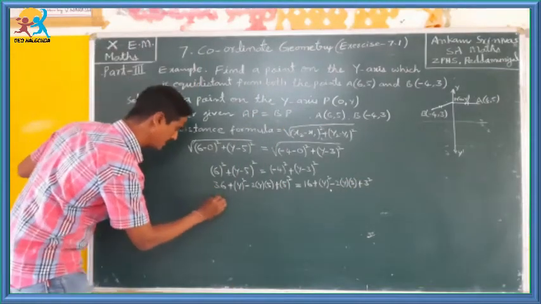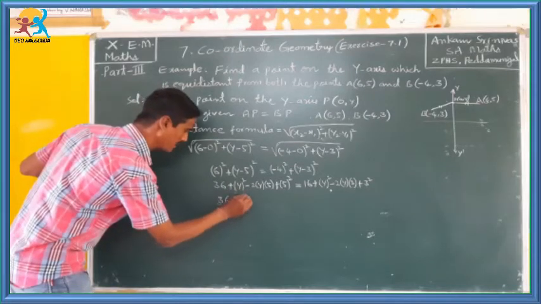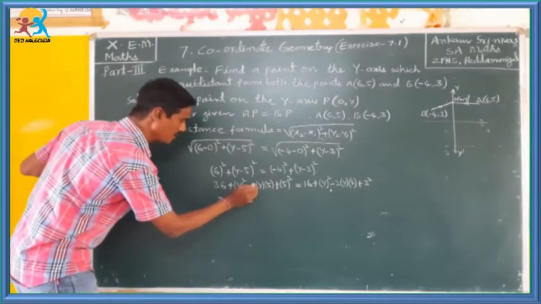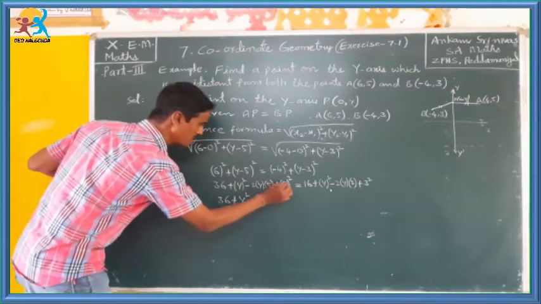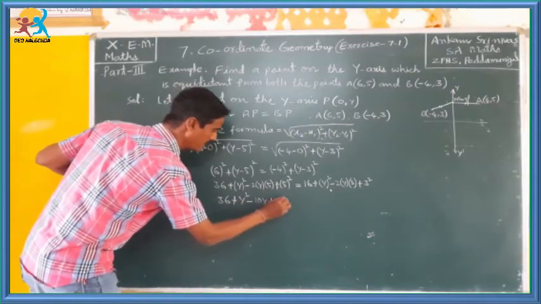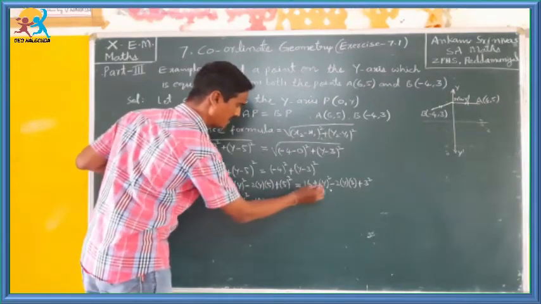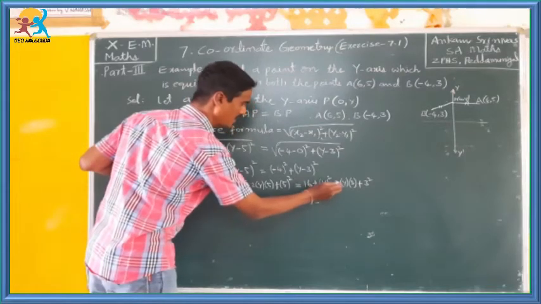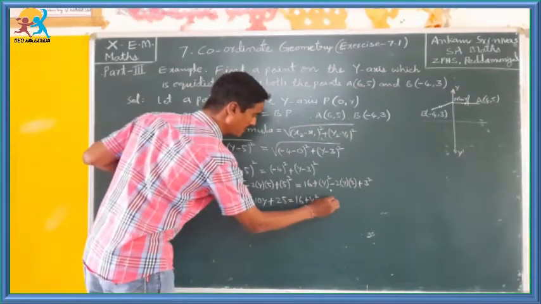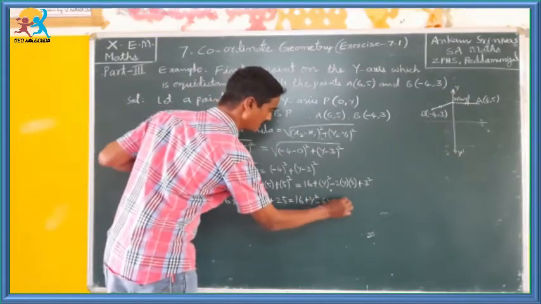Now 36 plus y square minus 10y plus 25, equals 16 plus y square minus 6y plus 9.